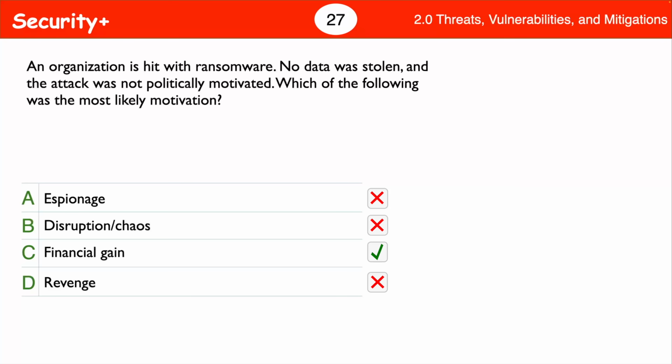You could argue that disruption / chaos is a good answer too. And it is a good answer, right? Especially since it says no data was stolen. But according to CompTIA, and it's a CompTIA tip, ransomware is going to mean financial gain. I know I'm going to get comments about this one.